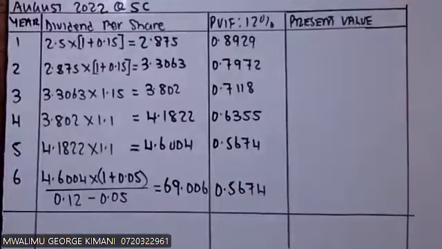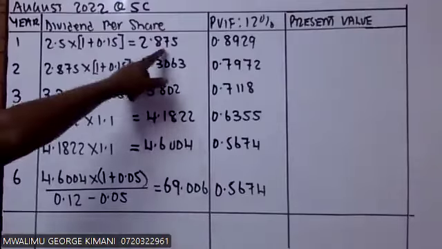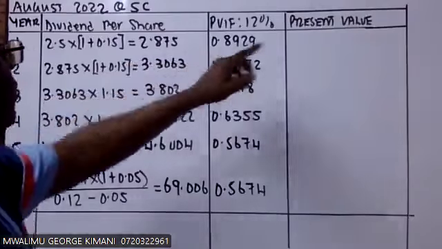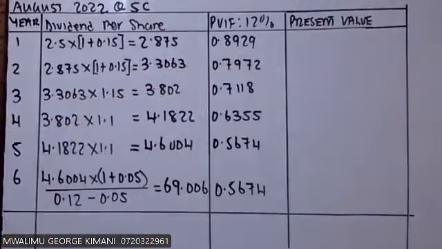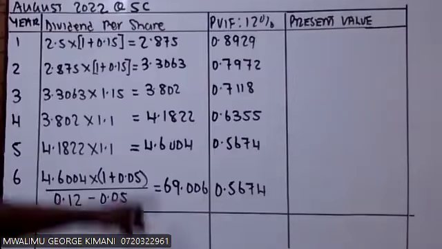So now let's get the present values. Again, we can confine ourselves to 4 decimals. So you multiply this by this. Confine yourself to 4 decimals.